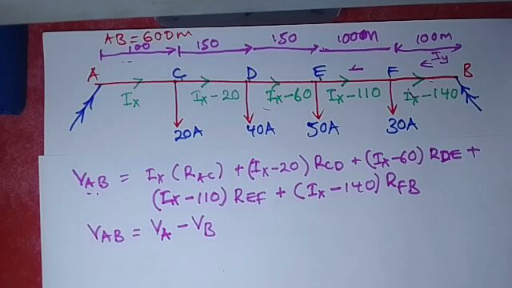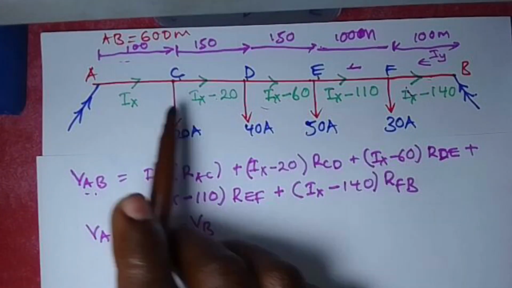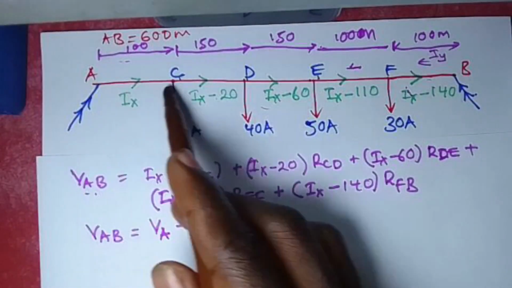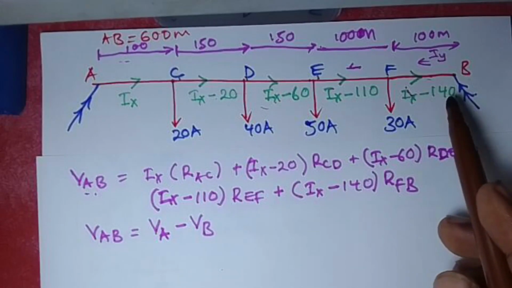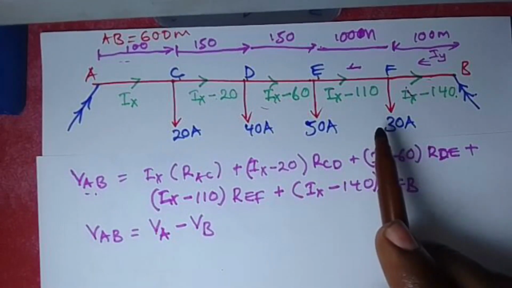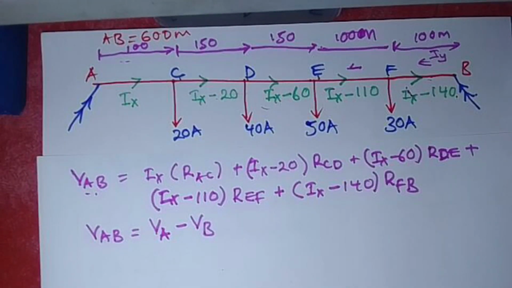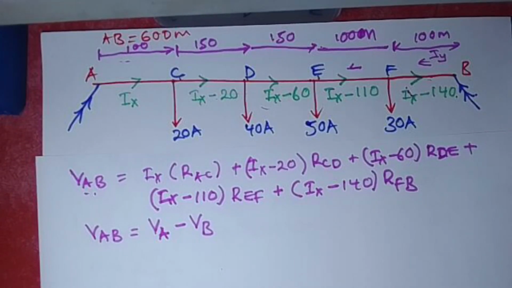Yes, we are together. Thank you. So we shall say that VA minus VB is equal to the sum of the total drops along this line, just like what we normally did in network theory.